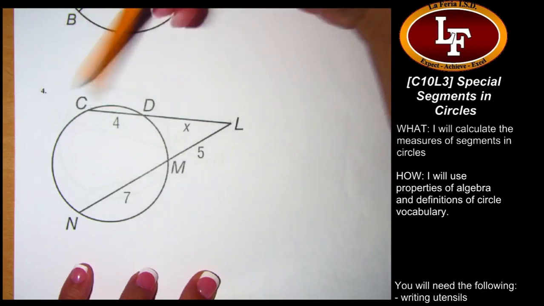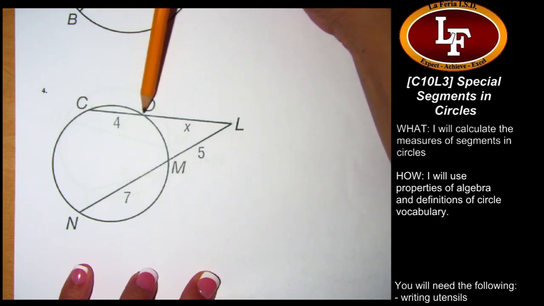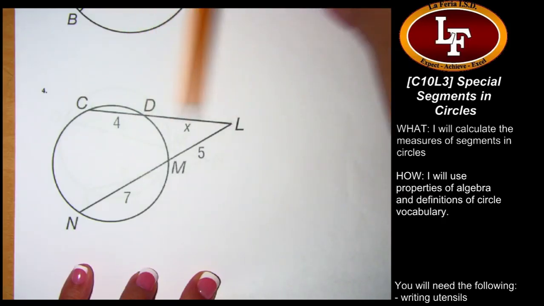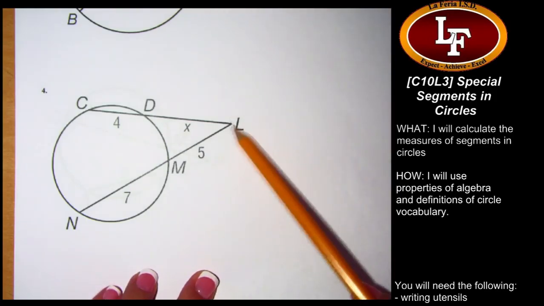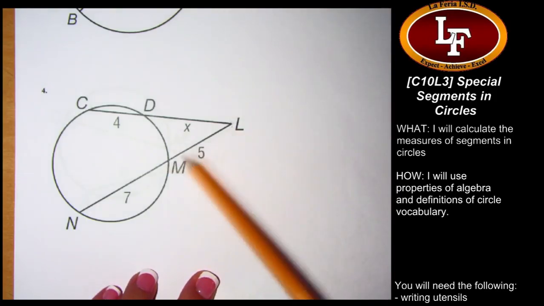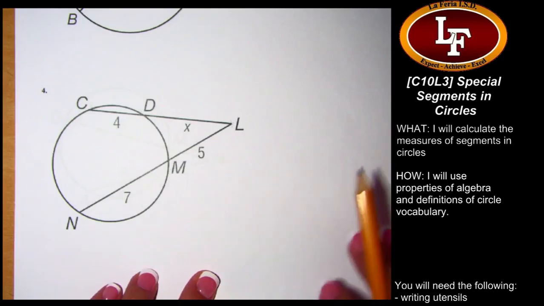The theorem says this part right here, the chord, times that exterior part of your secant, this other piece, is equal to the same portions on the other secant. Okay? So then, set up your equation and you'll solve it for x.